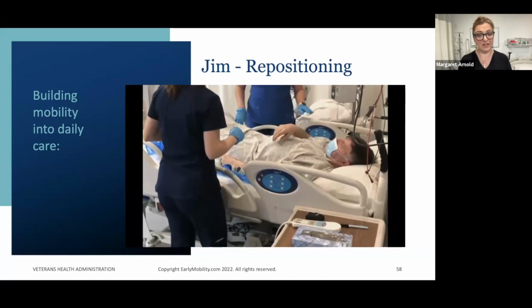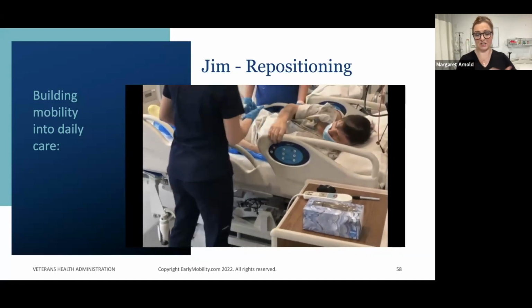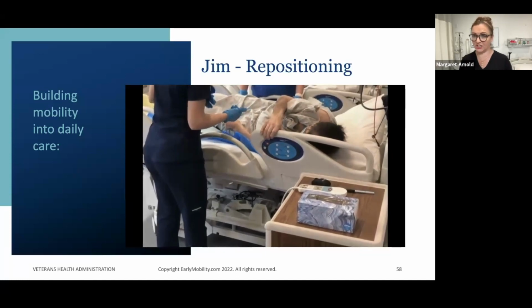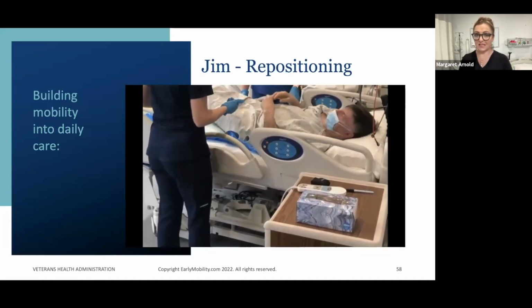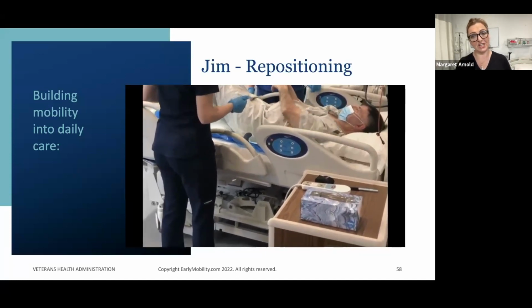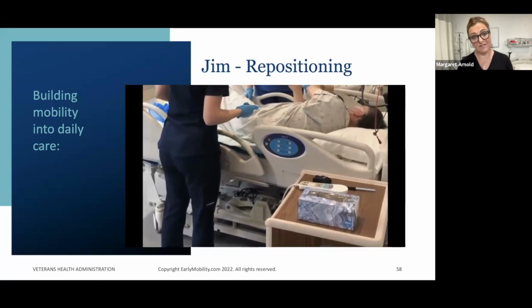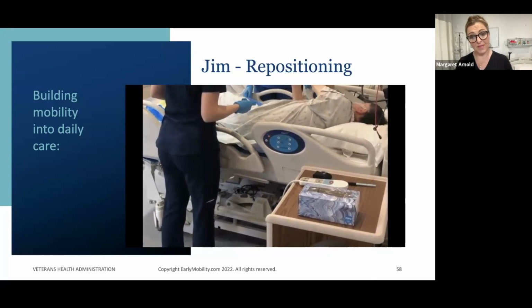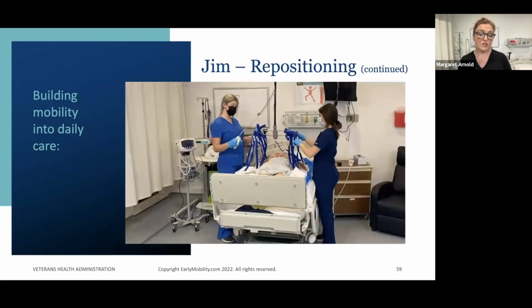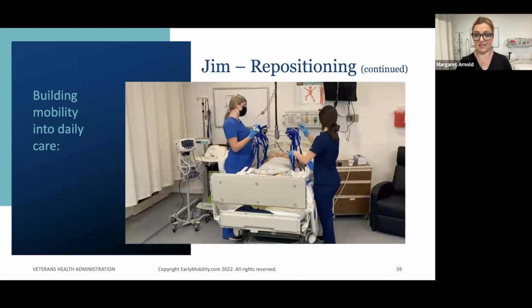If you have to turn him to check his skin, to bathe him, to wash him, to change the bed linens, put a slide sheet under and have the patient help you. It will actually save your time, it will save your backs, and it will help that patient build mobility into their care. You can do the same thing with a repositioning sling.